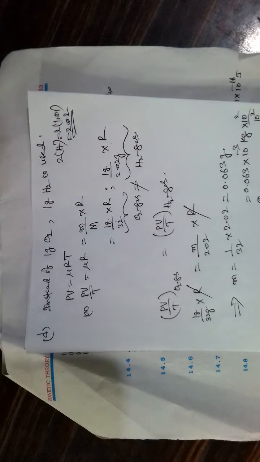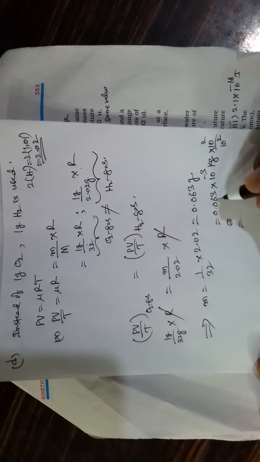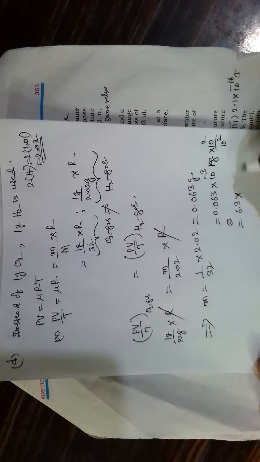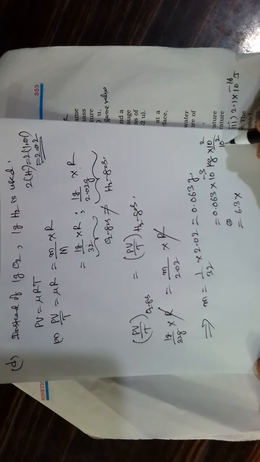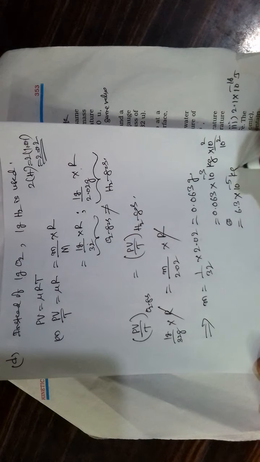Multiply numerator and denominator by 10 square. Now multiplying by 10 square we get 6.3 into 10 power minus 5 kg.